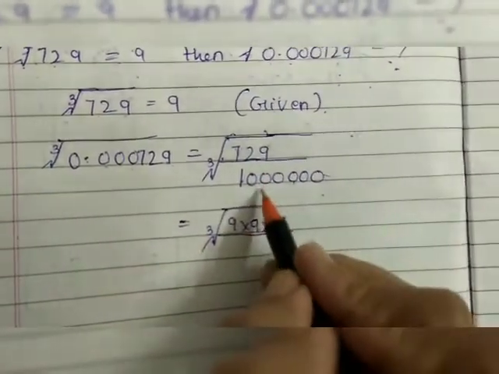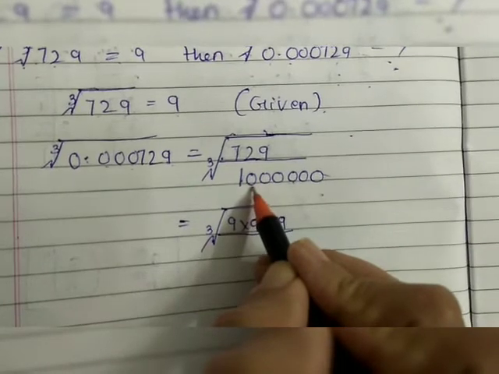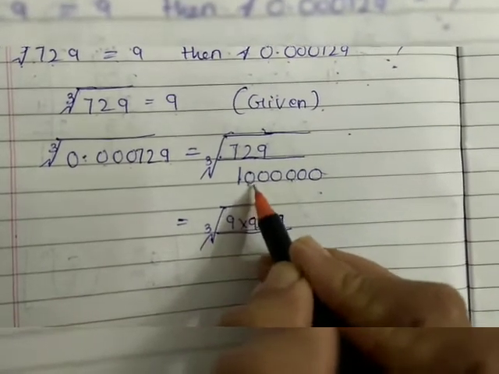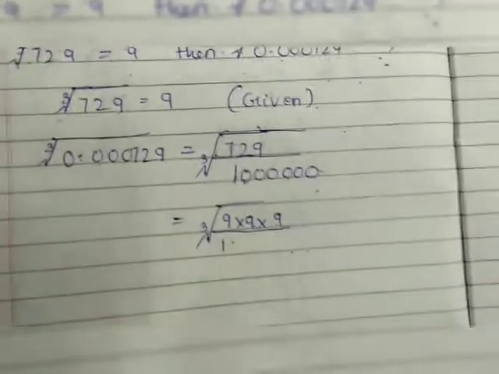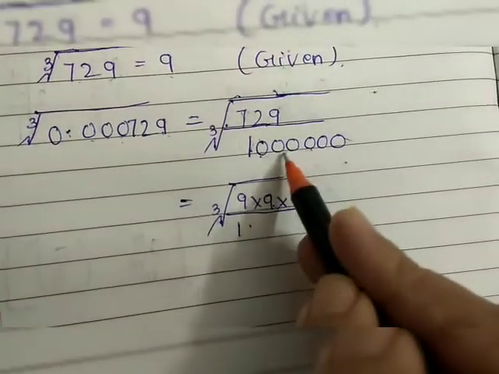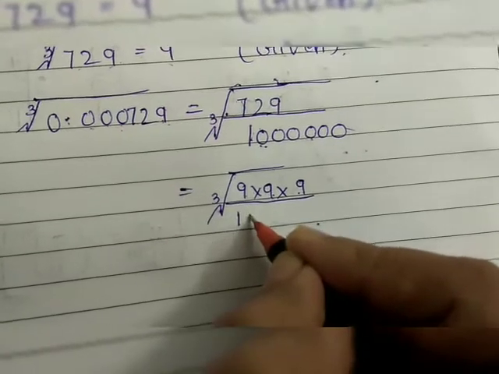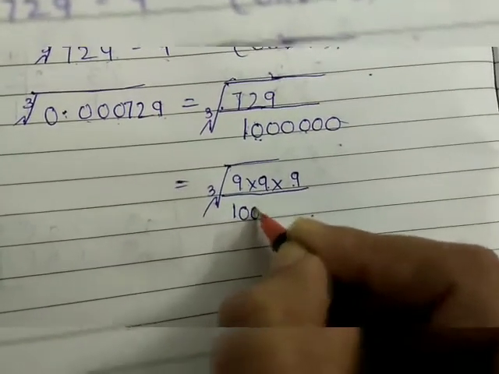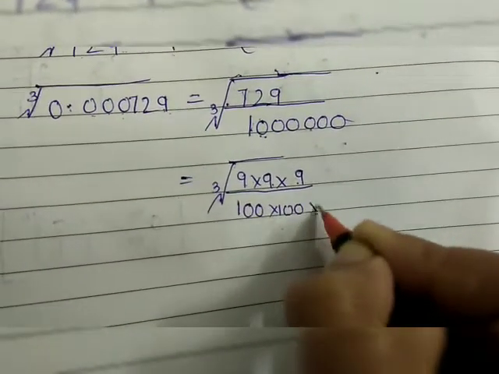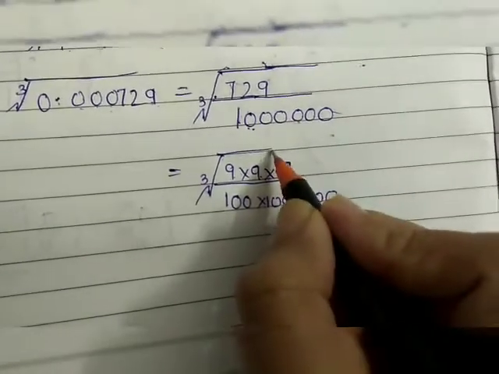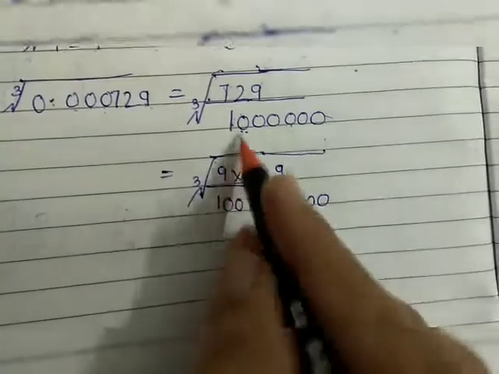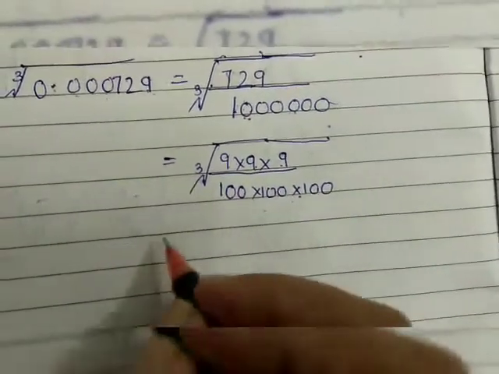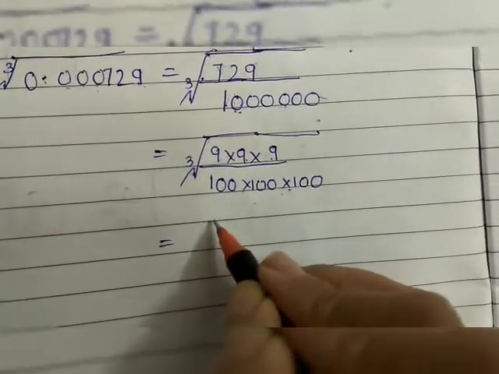Similarly over here, if you see, this number is the cube of 100. So we'll write down 100 3 times. So 729 is the cube of 9 and this number is the cube of 100. So we'll write it down as it is.